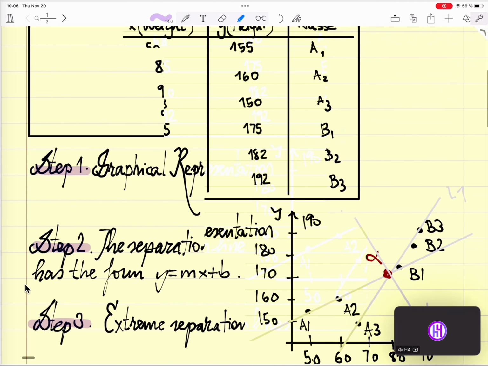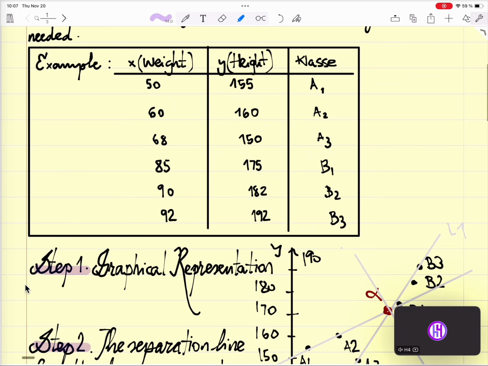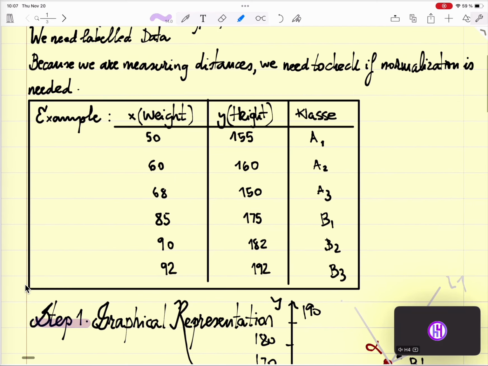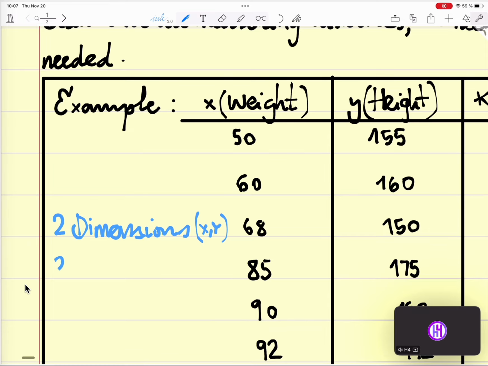Anyway, this was just one example, okay, with 2 dimensions, x and y, and 2 groups, A and B, okay.